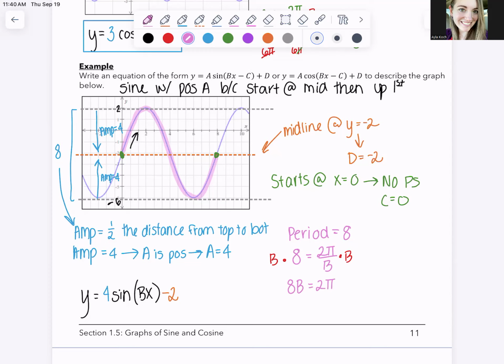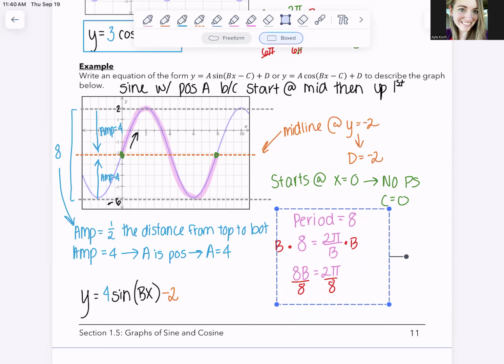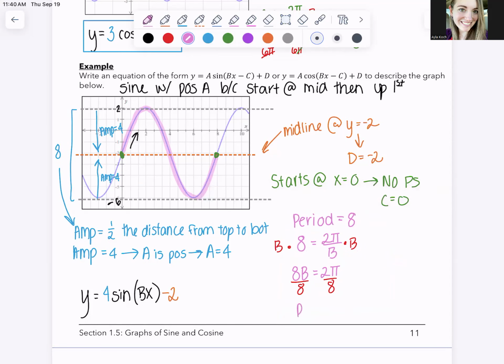Divide both sides by, not by 4, by 8. And then we get b is equal to 2 pi over 8, which is the same thing as pi over 4. So I'll erase the b and put in pi over 4. And that's our final answer.